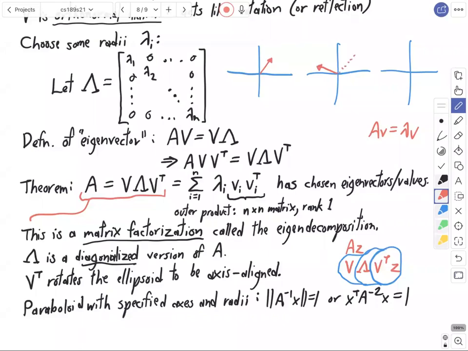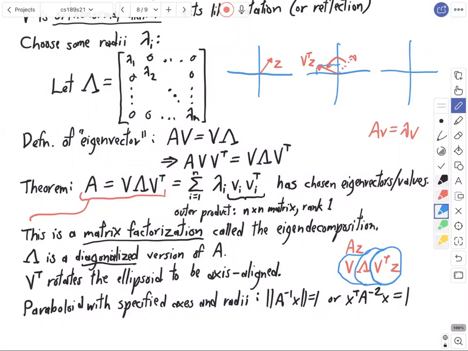Well, the way I'm thinking of this is you start with a vector Z, and then V transpose rotates that vector Z. Then we apply the axis aligned stretching and shrinking when we apply lambda. What that means is that we divide this into components, and each component gets shrunk or stretched separately according to the corresponding eigenvalues.